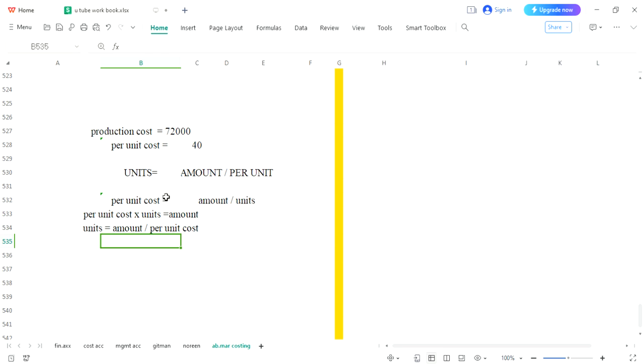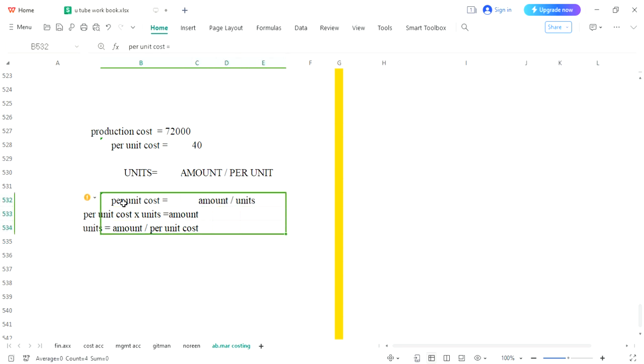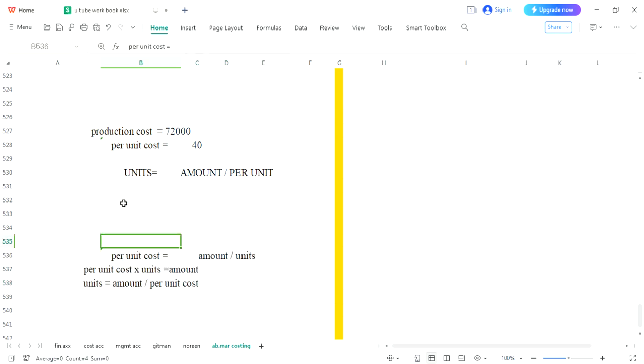For the time being, we need to have units, and we will use the above formula to calculate our number of units. So come over here: amount is 72,000 and it would be divided by per unit, which is 40. Now we can put it on our calculator after writing down the statement.